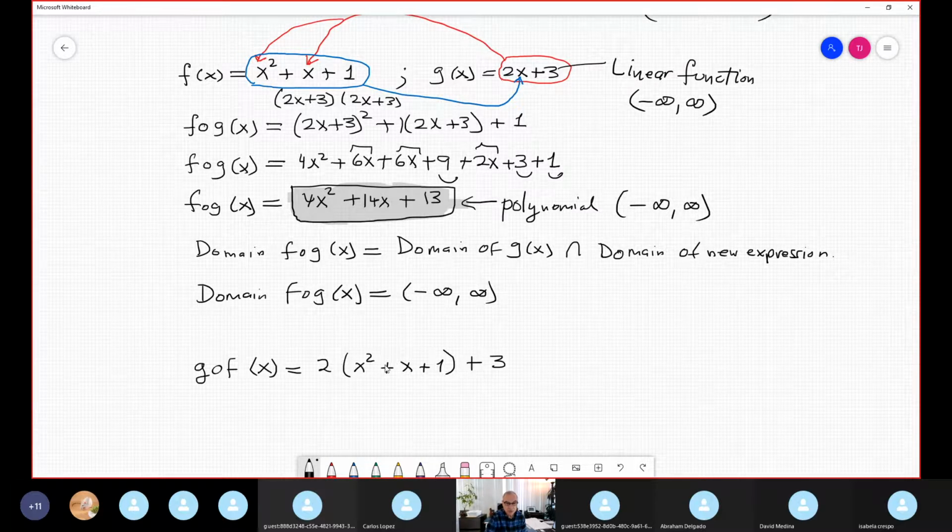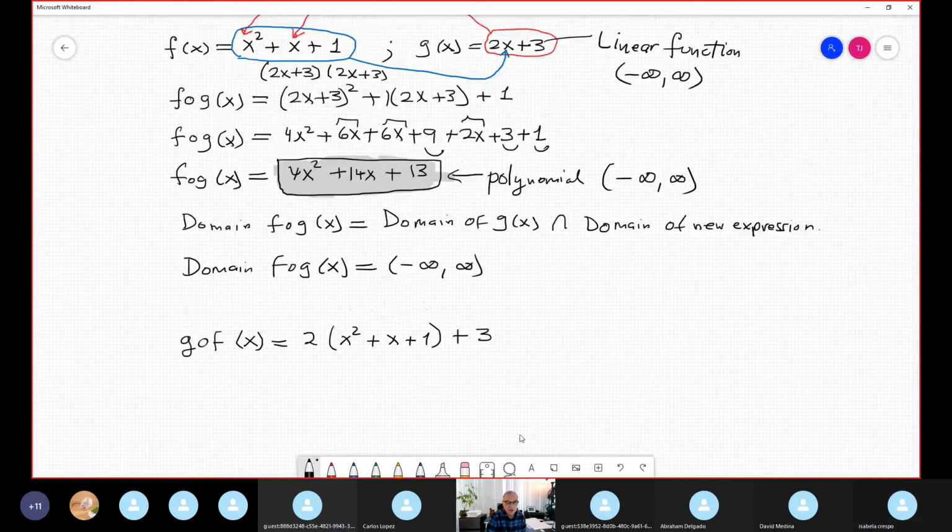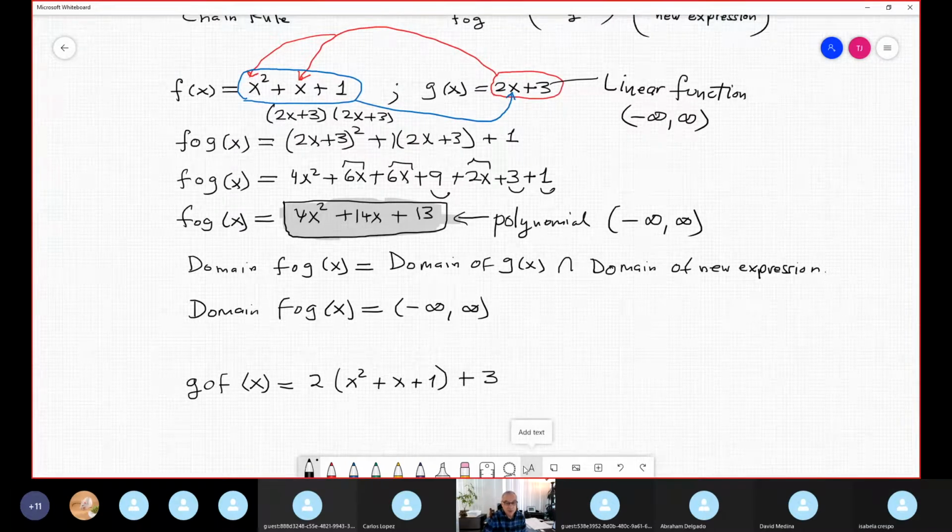Do you understand what you're doing? Can you repeat it again? I'm sorry. Okay. In this case, F is the innermost function, this one. According to this notation, look, F is the innermost. And the innermost is substituted in the outermost, que es G. So you replace x with the entire F function, que is x squared plus x plus 1.